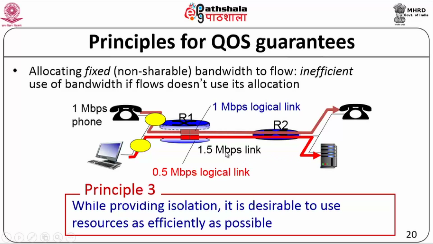If I do that, are my resources being effectively used? Are they being shared efficiently? While you provide isolation, you would also like to use the resources as efficiently as possible. You don't want to reserve resources for a particular flow which are not actually used by it. That also has to be considered.